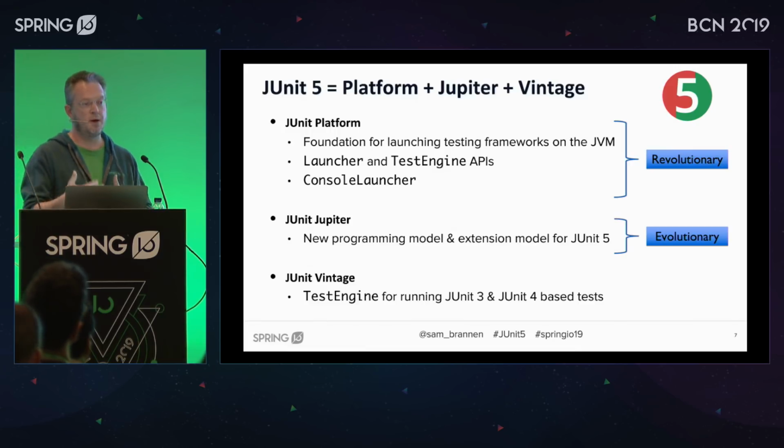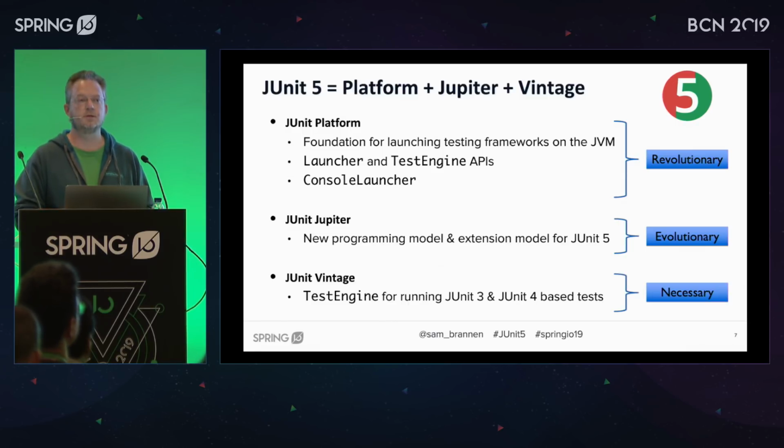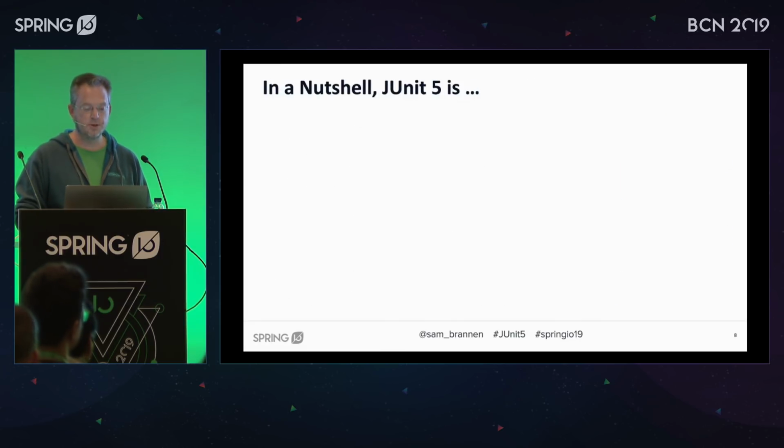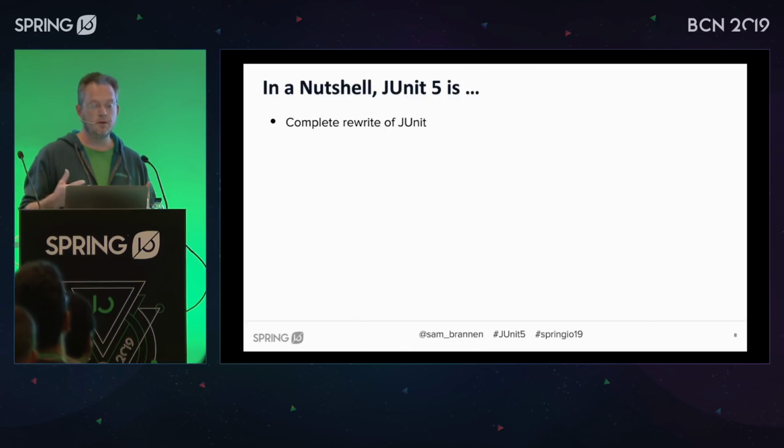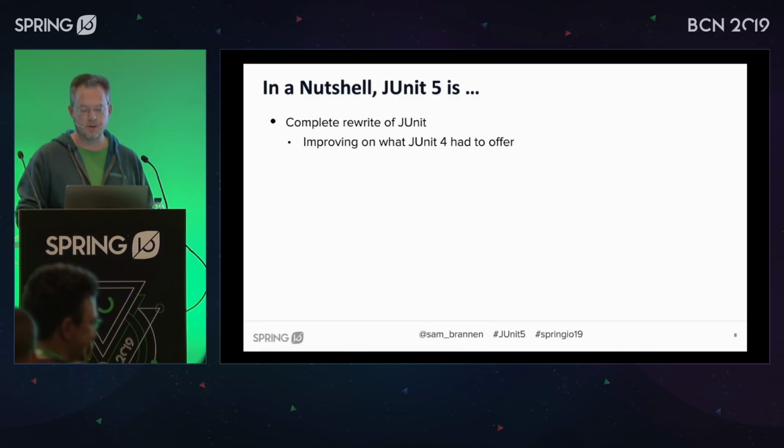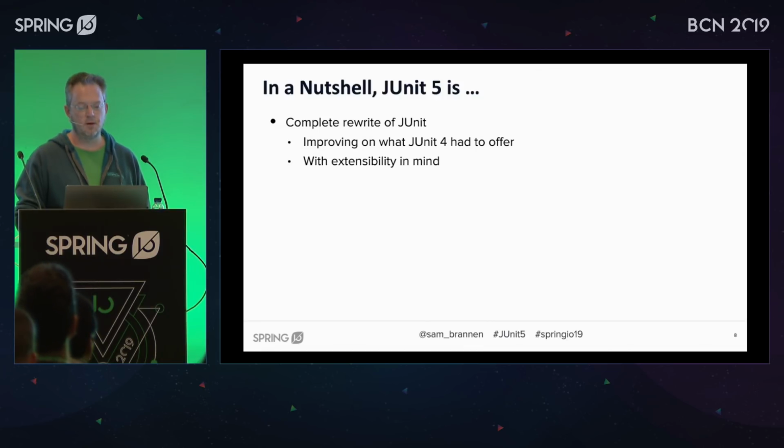That's where we wanted to do things better or differently than things were done in JUnit 4. And the last part's necessary because we want everyone to be able to keep running their JUnit 3 tests and JUnit 4 tests and Spock tests at the same time or simultaneously while running JUnit Jupiter tests. So in a nutshell, JUnit 5 is a complete rewrite of JUnit from the ground up, improving on what JUnit already had to offer, but with extensibility in mind.